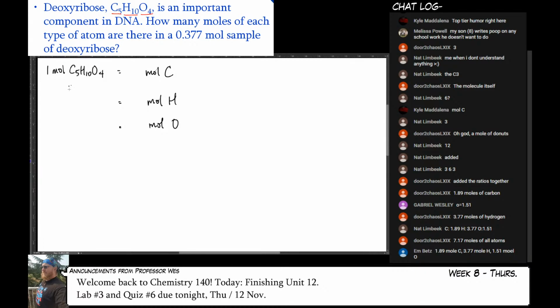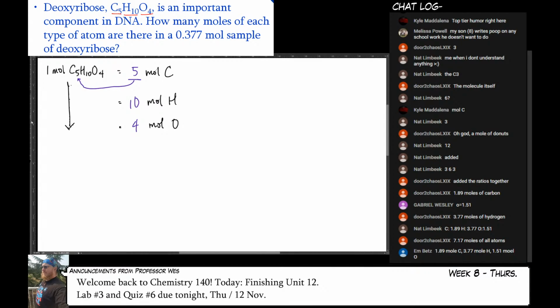And this is just the same thing going down here. Again, we're going to put the number that corresponds to the coefficient in front of it. So for 1 mole of C5H10O4, there are 5 moles of C. There are 10 moles of H and 4 moles of O.